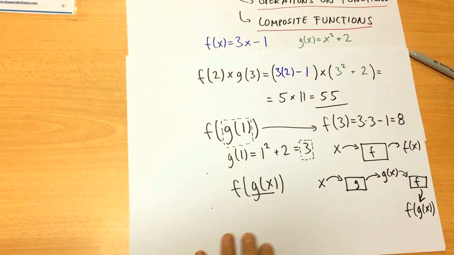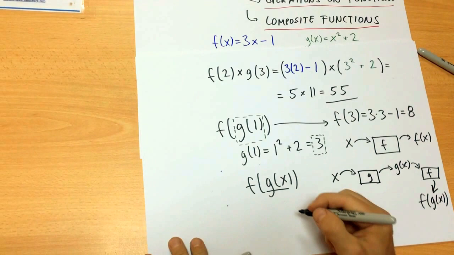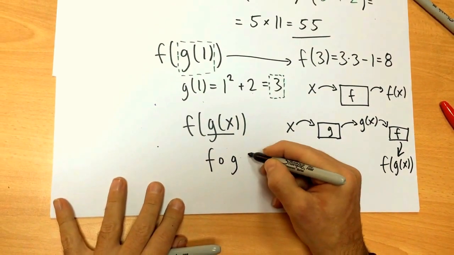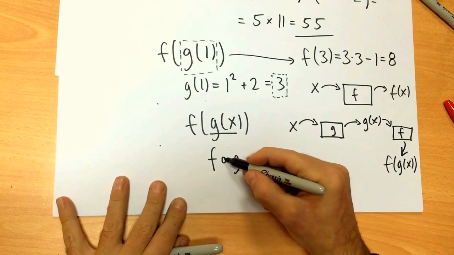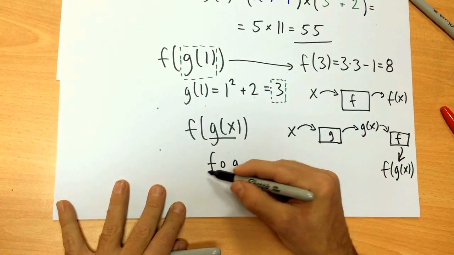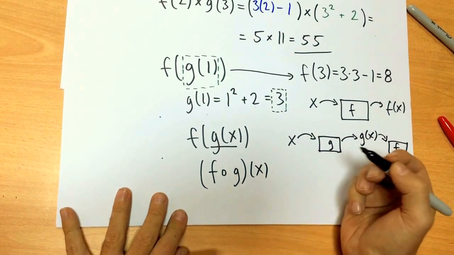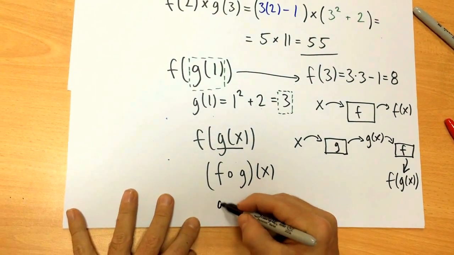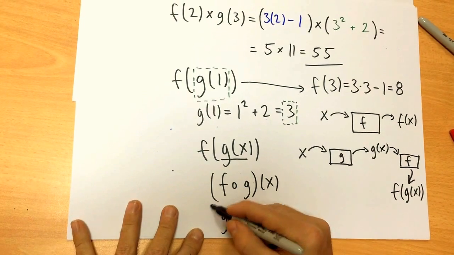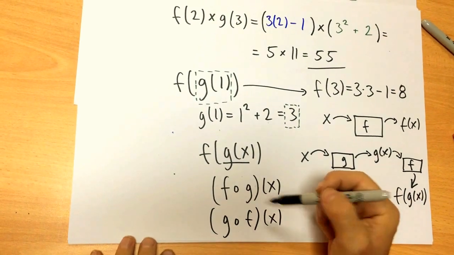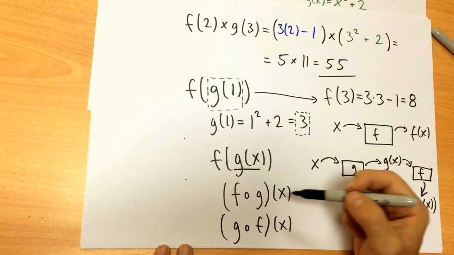If you are studying the worksheets, you might come across something that looks like this. F ball, this is like a circle, a ball. You can say O, so let's call this f circle g. F circle g of x. Or if we turn it around, it will be g circle f. This is g circle f of x. This notation, this is a different way to speak math.